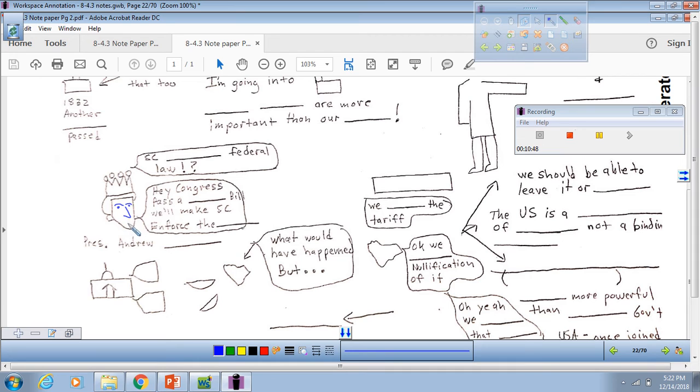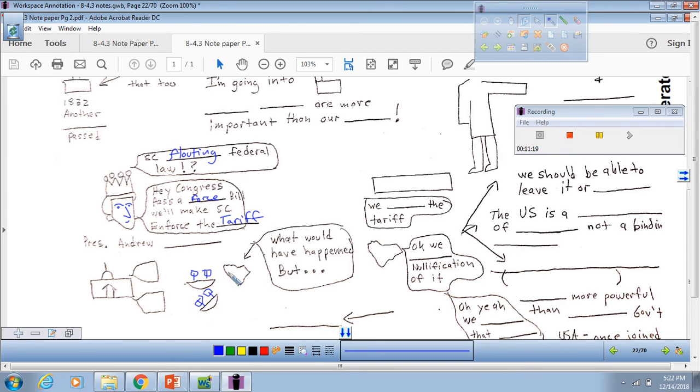And Andrew Jackson said, South Carolina is flouting, or making a mockery of, federal law. We're going to show South Carolina. He said, hey, Congress, let's pass a force bill. We'll make South Carolina enforce the tariff. And once you pass this bill, we're going to send ships with soldiers to South Carolina.